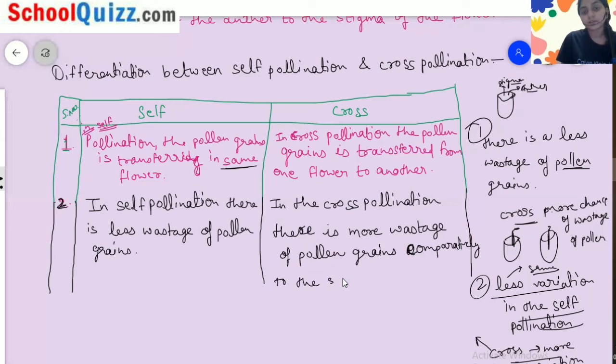Or you can also write, of pollen grains than the self pollination.